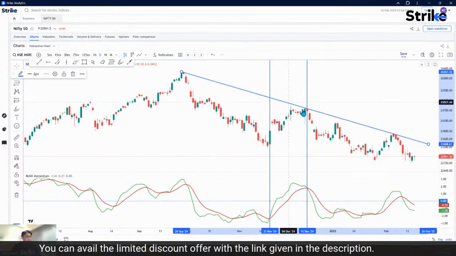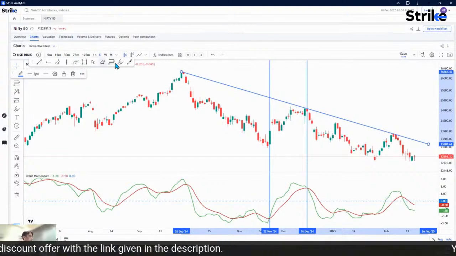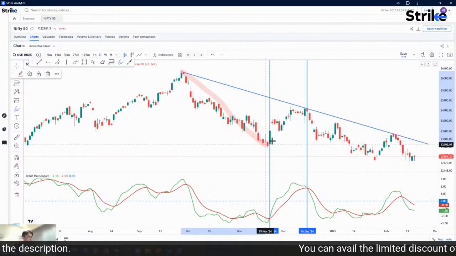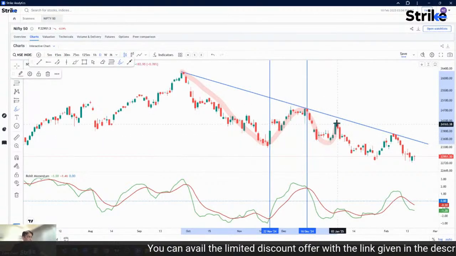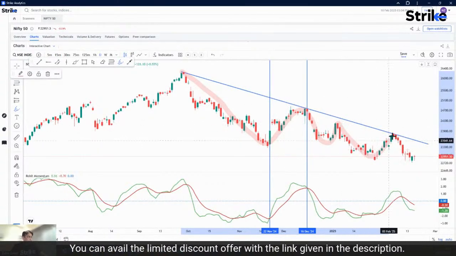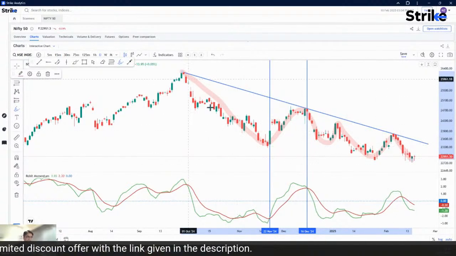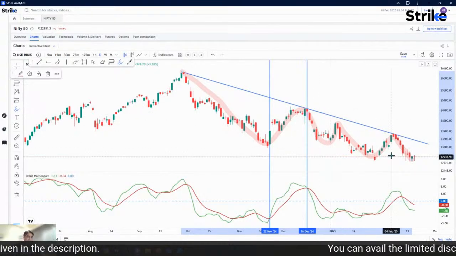This is a previous significant top over here. Prices came down, made a bottom, made a top, came down a little bit, made a top, came down and made a top, and now it is down. So right now, Nifty trend is down only.